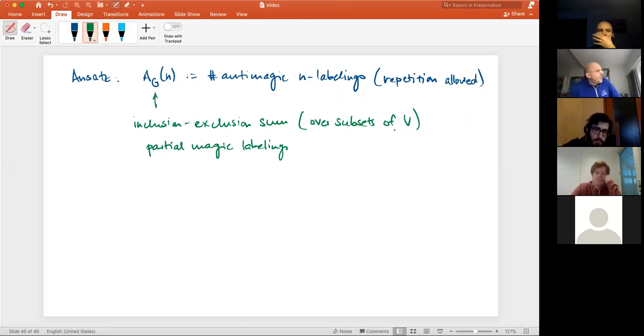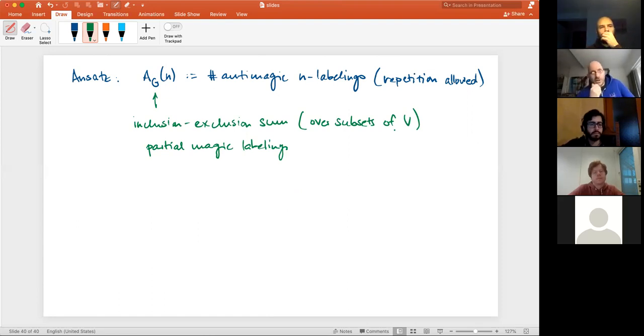If you want to see antimagic labelings, let me just throw down all possible labelings of my graph. Those have a nice form and I can count them. So just all edge labelings of my graph. And then I have to take out all edge labelings where I have the sum at one node equal the sum of some other node.